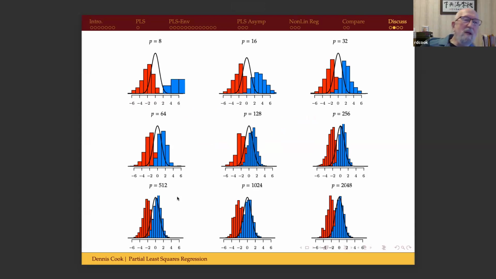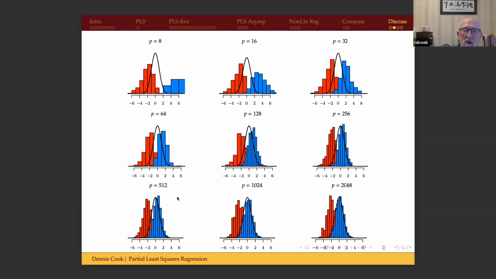This is a little simulation in which the value of p is indicated above the triangles. N is always a half of p. The red histograms are under conditions that we don't expect convergence. Blue histograms are under conditions that we do expect convergence to a standard normal. That's the curve.